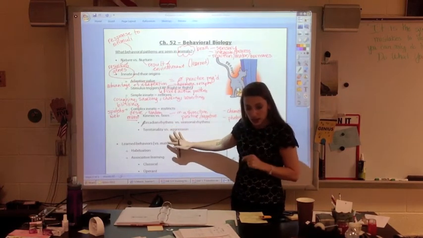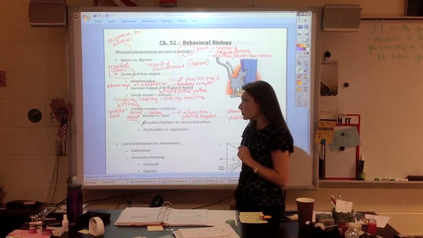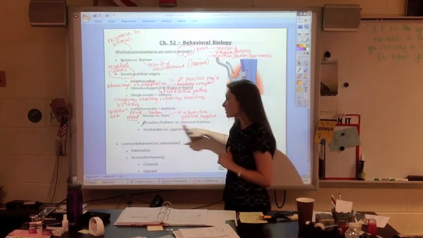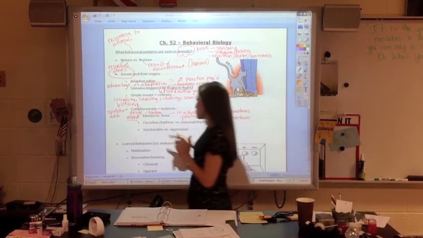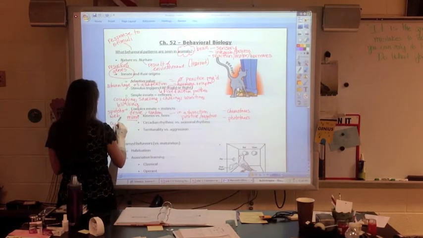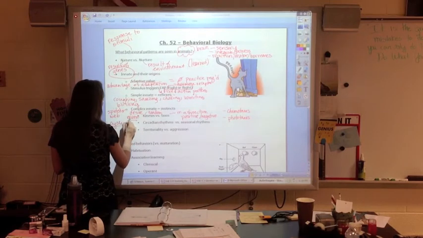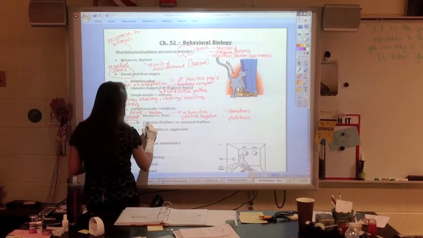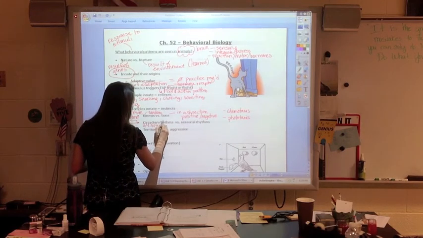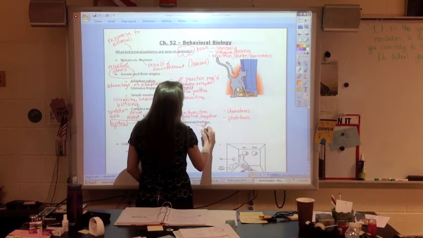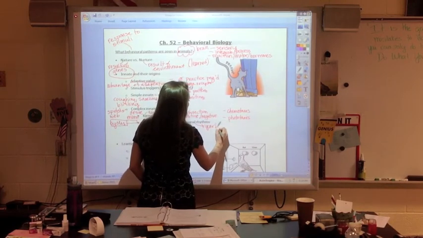There's two more categories that we need to know about complex innate behaviors, and one of them is different types of rhythms. So when we look at rhythms, what we're really talking about are cycles, so cycles of behavior. Circadian rhythms are based on a 24-hour cycle, and seasonal rhythms are going to be based more on the yearly cycle.